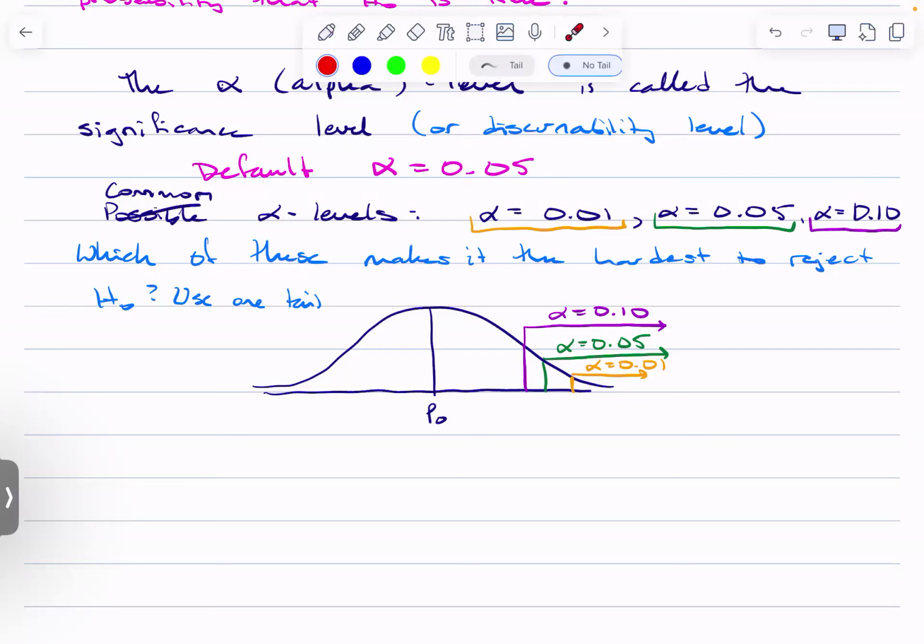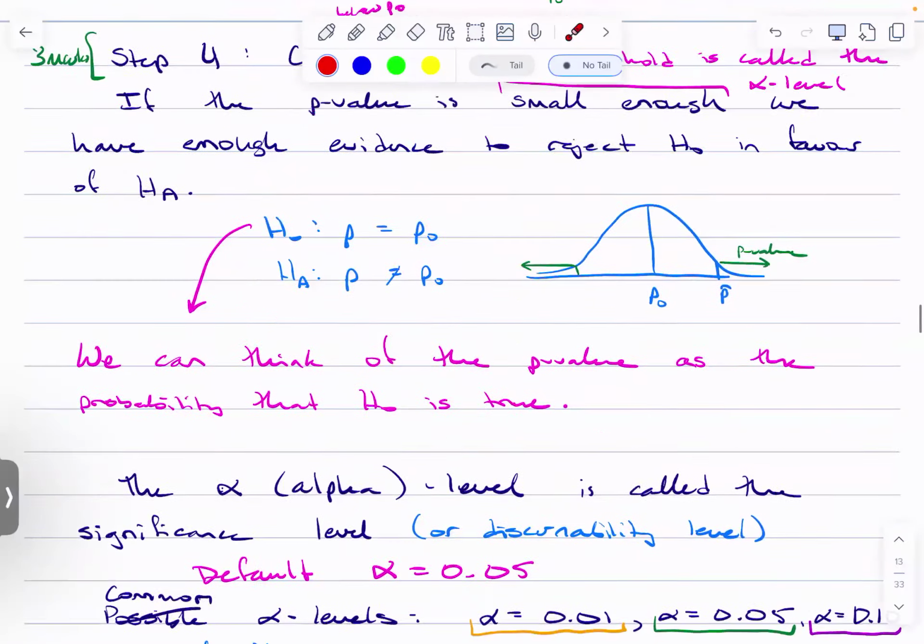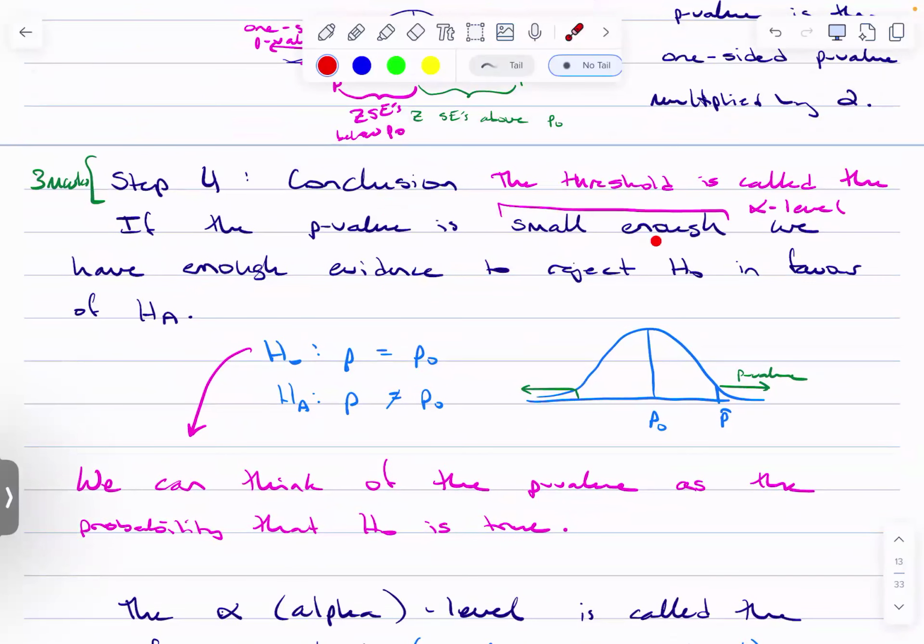So our p hat is going to fall somewhere on this line. And once you've passed this threshold, then the area in the tail is less than the alpha level, and so then it is small enough, which means we would reject H naught.